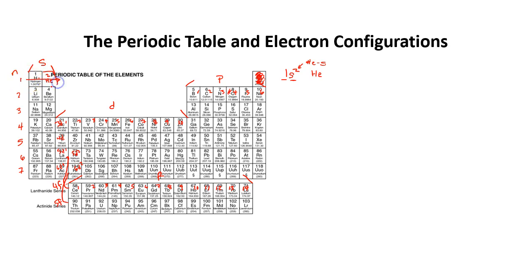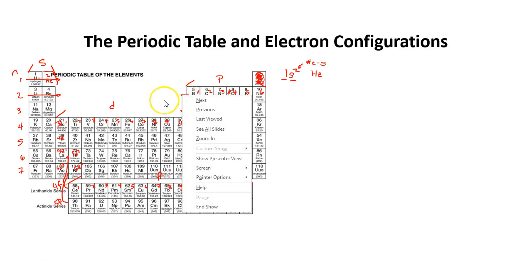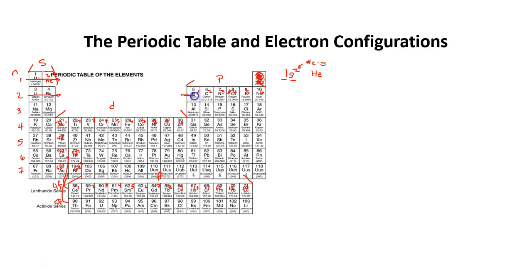So we'll go through energy level 1, and then we'll get to the second energy level, and we'll go through the S, so it'll be 2S, and then we'll get to 2P, so that's going to be 2P1, 2P2, 2P3, 2P4.